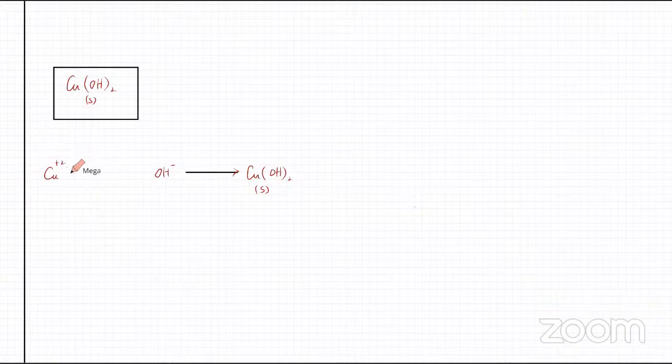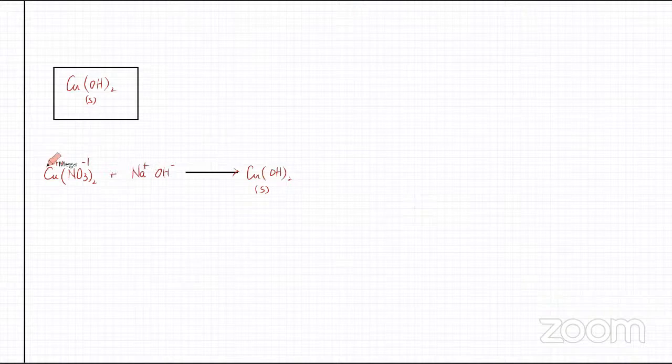I need a negative ion to go with this. Remember, nitrates are all soluble. The solubility table says all nitrates are soluble. So I'm going to go with copper nitrate. For OH minus, I need a positive ion. It says all group 1 compounds are soluble, so I'm going to put Na next to it. So basically I've got copper nitrate and NaOH.